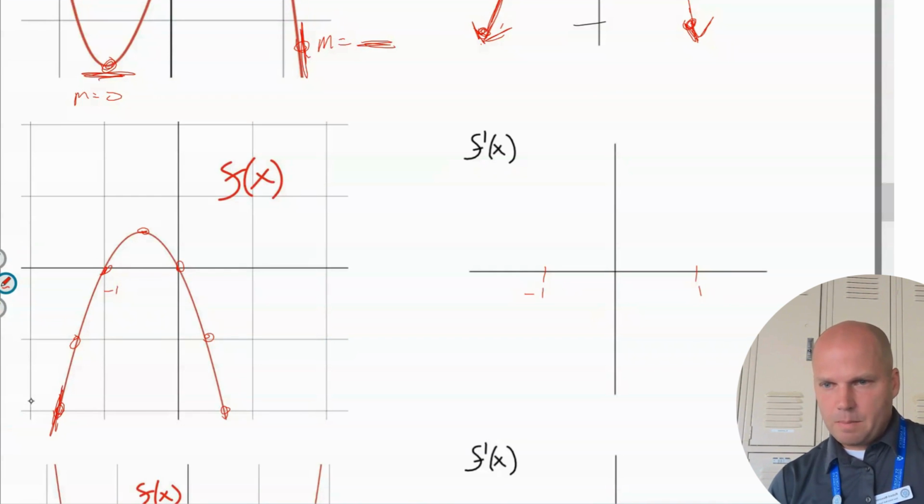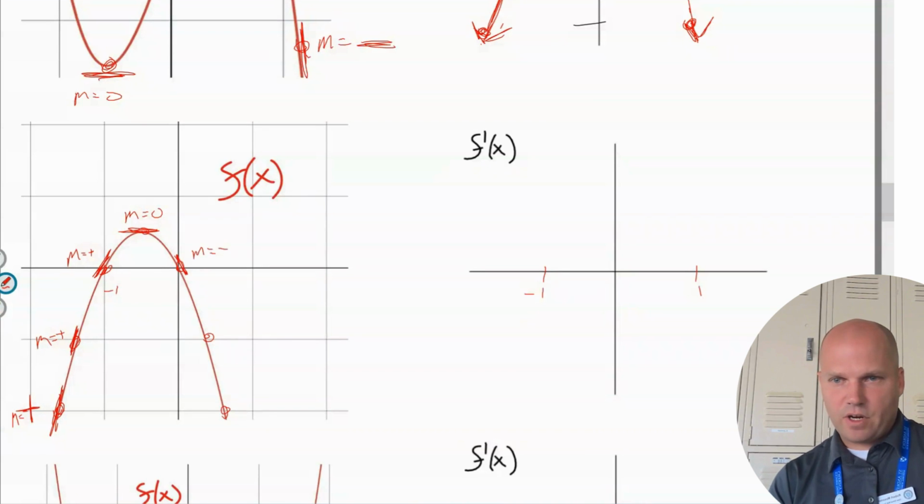I have a very positive slope. I have a less positive slope. I have an even less positive slope. I have a slope of 0. I have a not very negative slope. I have a more negative slope, and I have a most negative slope.